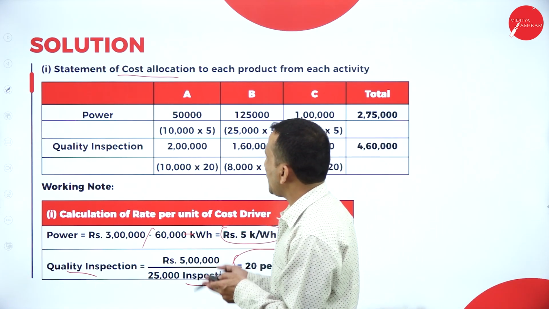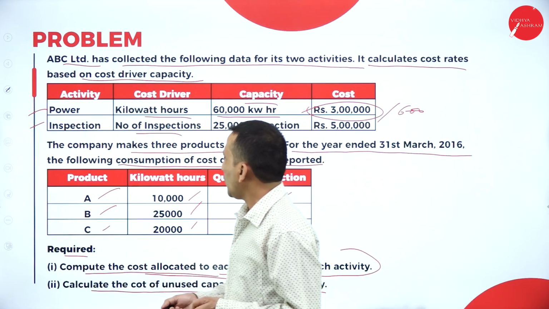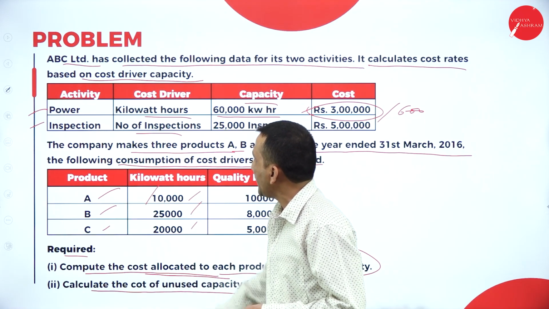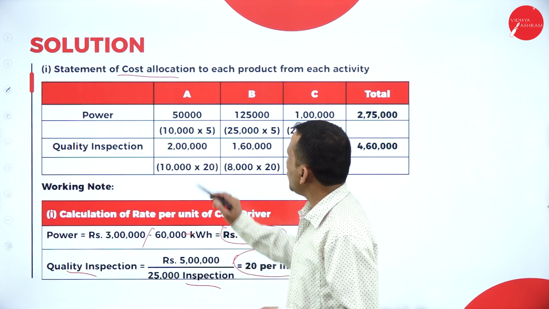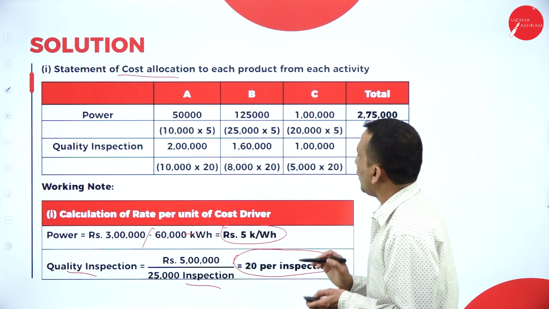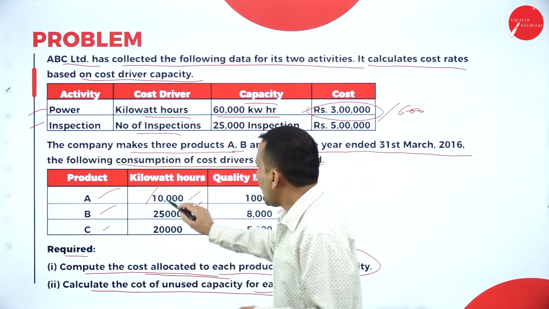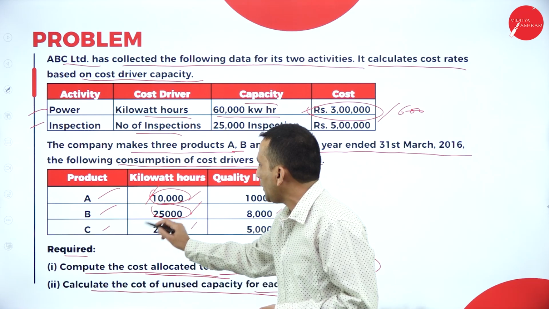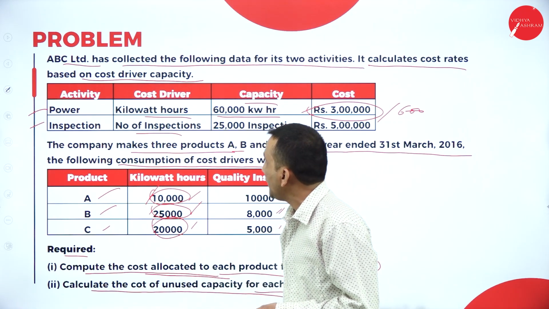Once we get that, the 10,000 kilowatts are for product A, product B, product C. So we do this for product A, product B, product C, with a particular column and a total column. In the information, product A consumption is 10,000, product B 25,000, product C 20,000.